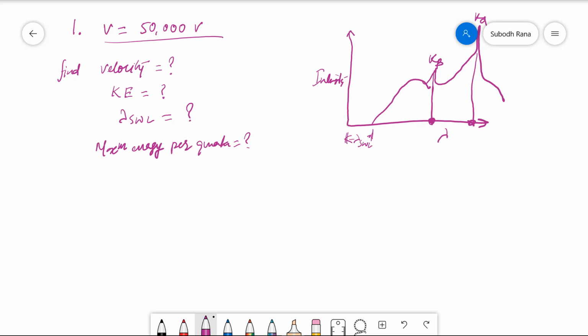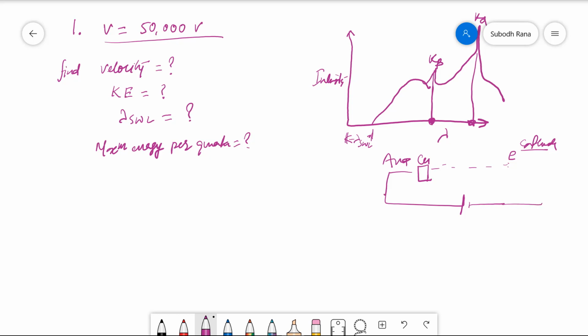What happens if you change the voltage applied across the anode and the cathode? Suppose we have a copper target and electrons strike from here. This is the electron source, so this is the cathode and this is the anode.